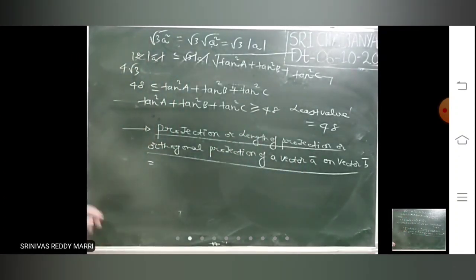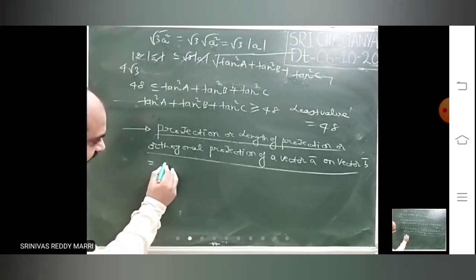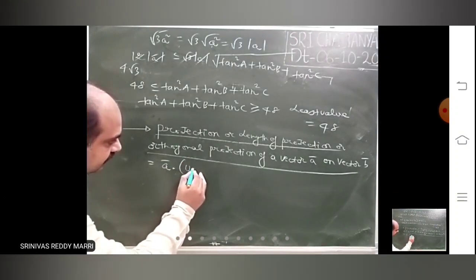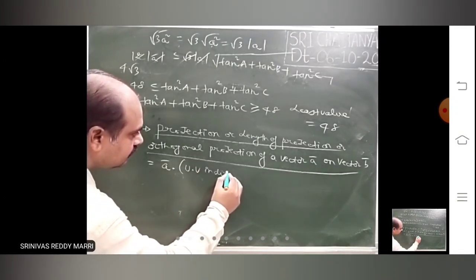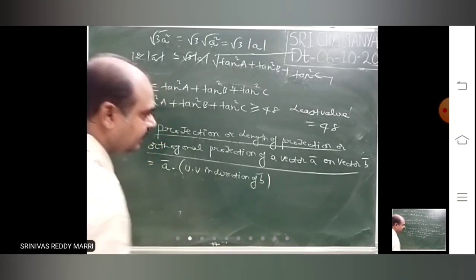They are lengths only. So this is nothing but, I will tell the proof: first vector, a bar, dot the unit vector in the direction of b bar.